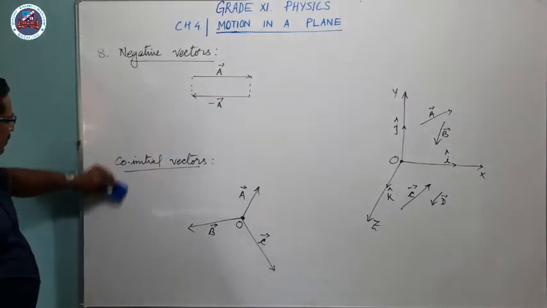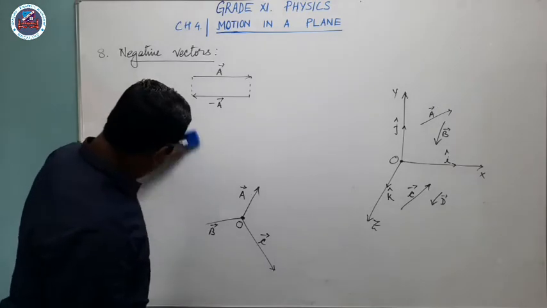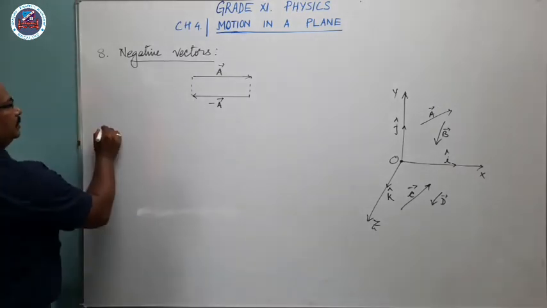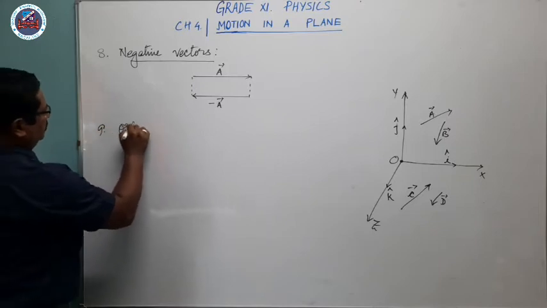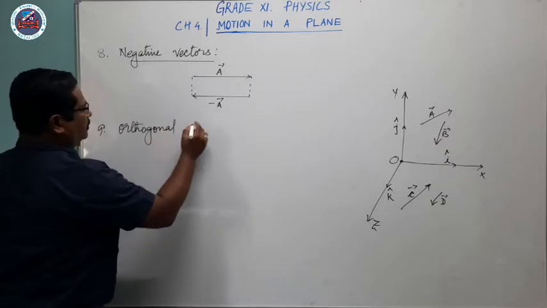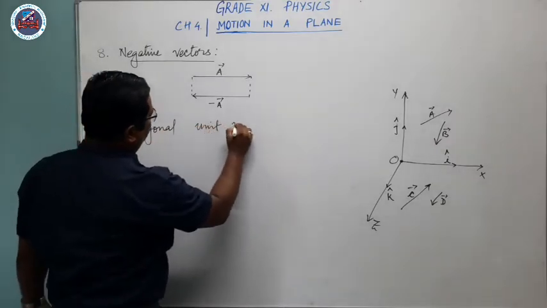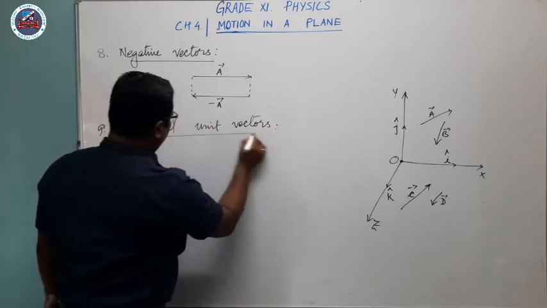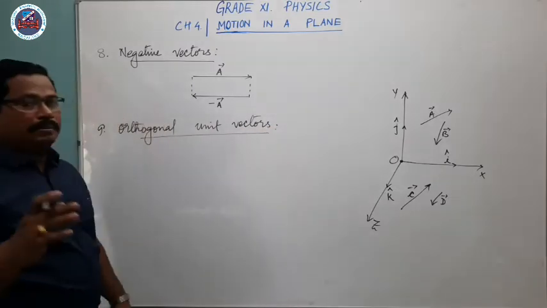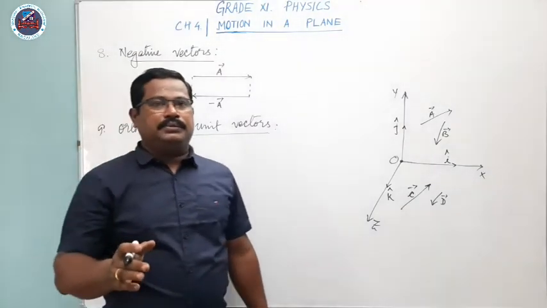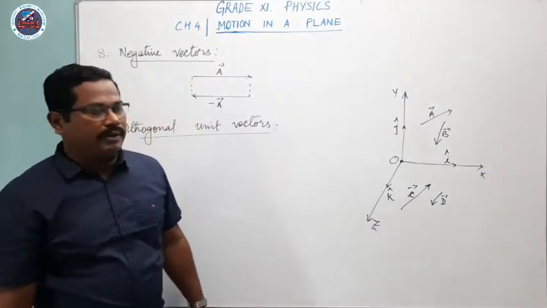Then lastly, orthogonal unit vectors. Let us see. If the unit vectors are perpendicular to each other, then those vectors are said to be orthogonal unit vectors.